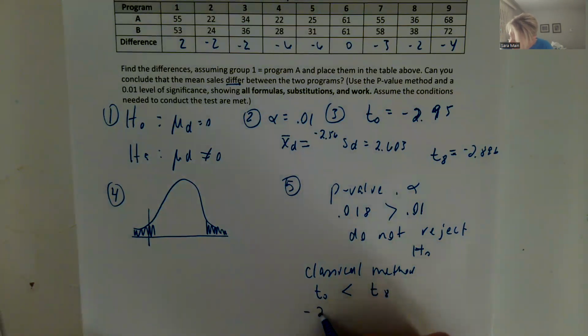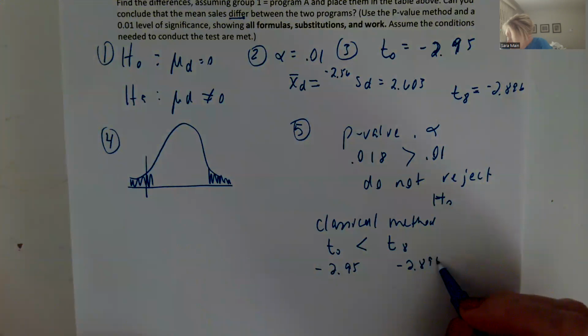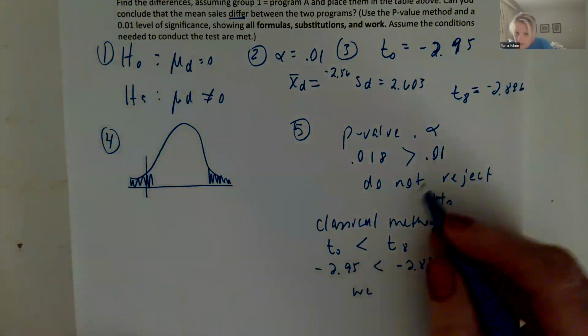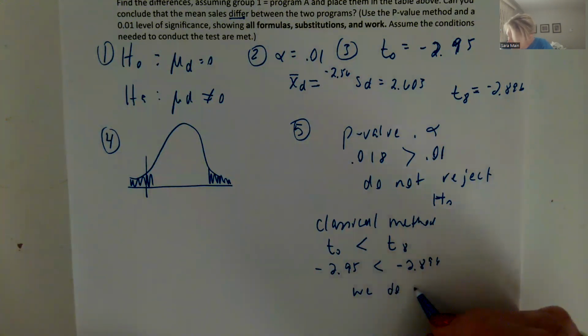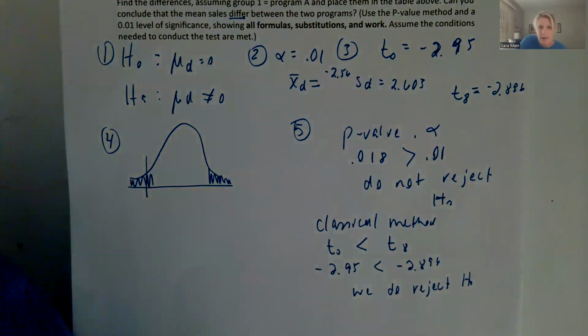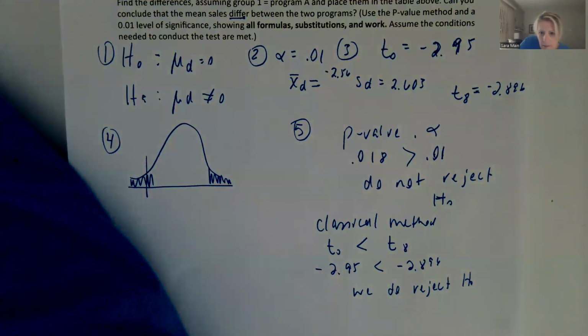It's at negative 2.95, and the critical value is a negative 2.896. So we do reject. And I think it's just that calculation is just borderline, probably on the rounding here. So depending on which one you use, we have not run into that situation before, but let's just go back and check out the data and make sure our data is typed in correctly.